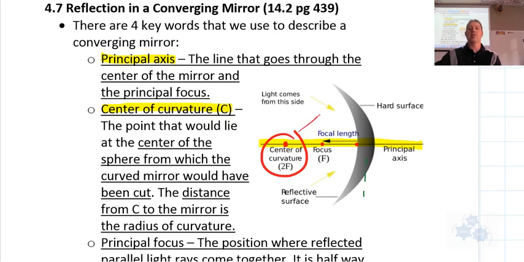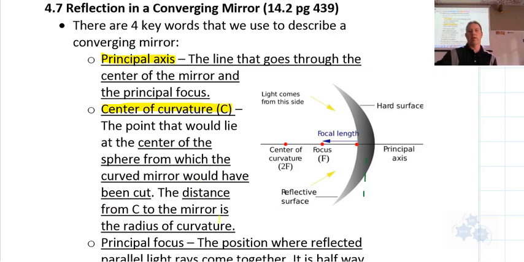And so the distance from this point to the mirror is exactly the same anywhere you go. So the distance from the center of curvature to the middle of the mirror would be the radius of that sphere. All right?